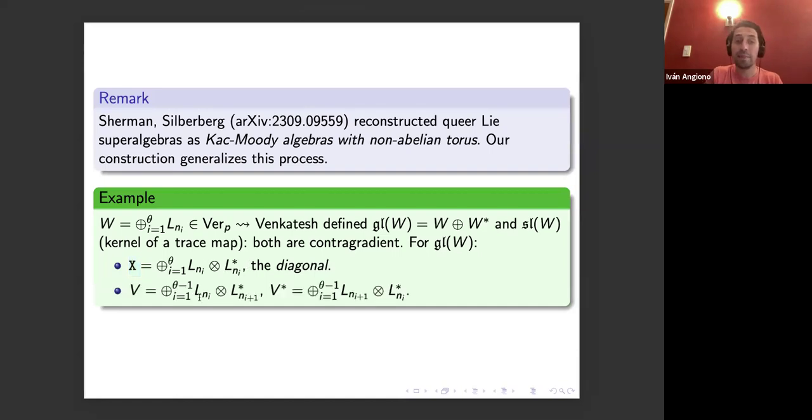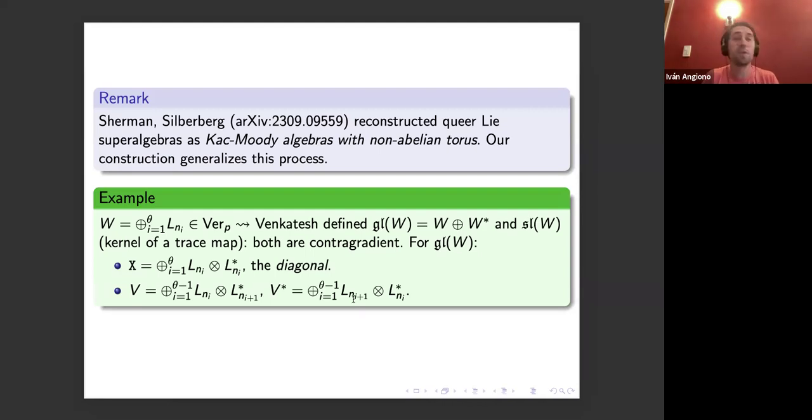And you take as V the L_i times L_{i+1}, the first diagonal over the main diagonal, let me say. And for the dual, you go down. Essentially, you have the same ideas for SL_n. The contragredient Lie algebras that we defined before, as a semisimplification of the contragredient Lie algebras, are also contragredient over Ver_p. And we have more examples that I don't want to explain here, but in the paper, we have some extra examples that we can construct with these contragredient Lie algebras.